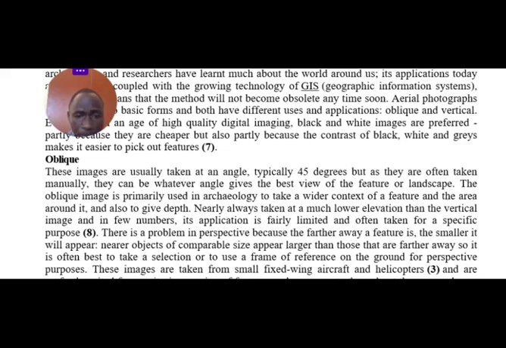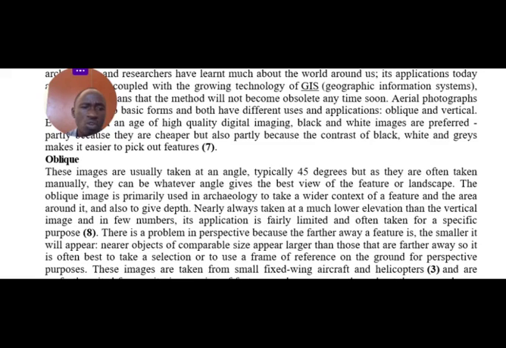It will only capture features that are best viewed, the best view of the feature or the landscape. These images that tend to be near or closer will appear fine and good.